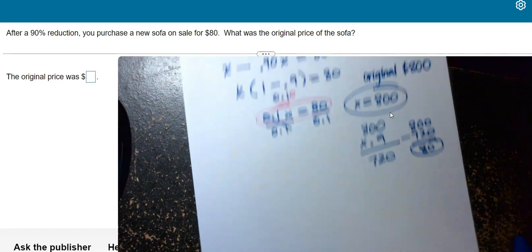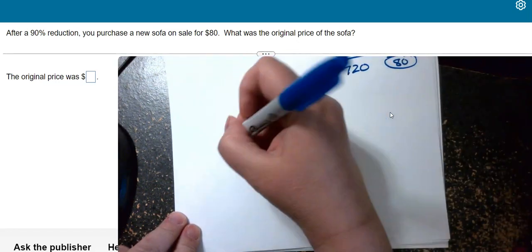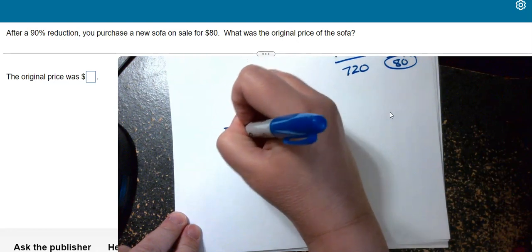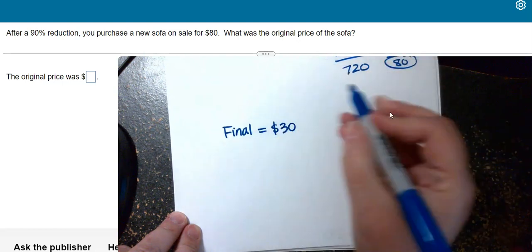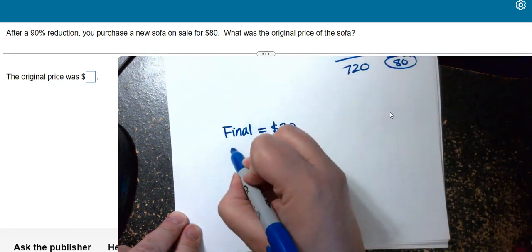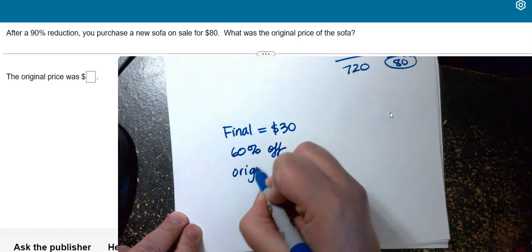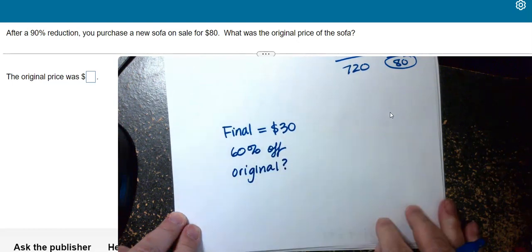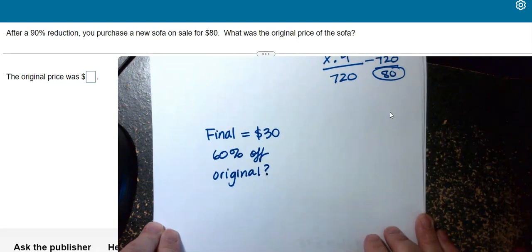So for instance, let's do another one like that. If the final price is $30 and we had, let's say, 60% off, what was the original? Okay. So if we took 60% off, 100% minus 60% means how much is left? 40%.